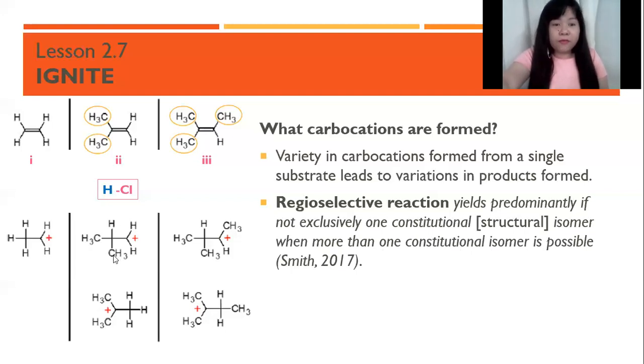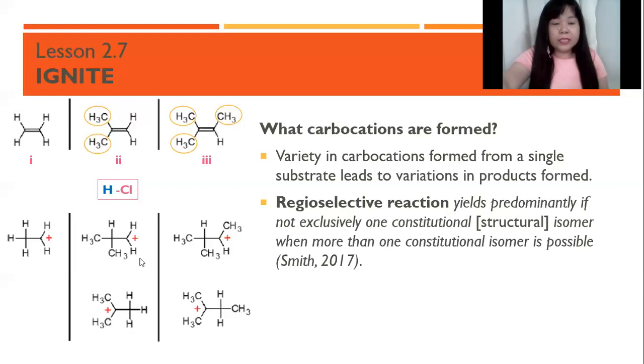So if these two carbocations are possibly formed from this reactant, then we would definitely form these two products. However, we expect that one product is favored over the other. That's because one product would be more stable than the other.